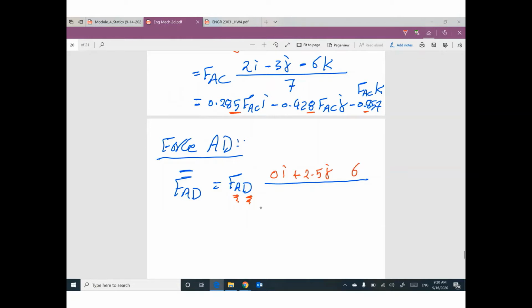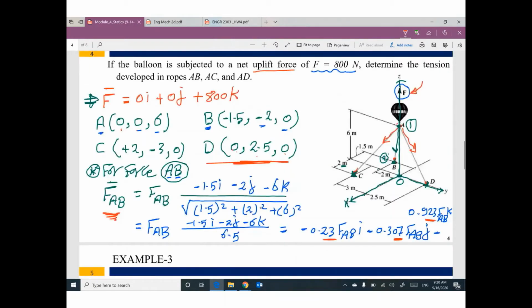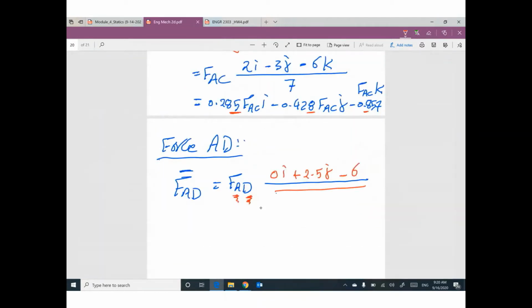One more time. 0 minus 0, 0. 2.5 minus 0, 2.5. 0 minus 6, minus 6. That's right. Divide by the square root of this number squared: 0 squared, 2.5 squared, 6 squared. More simplification. 0i, 2.5j, negative 6k, divided by the square root of 2.5 squared plus 36.